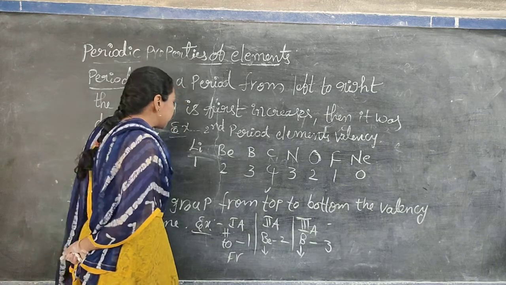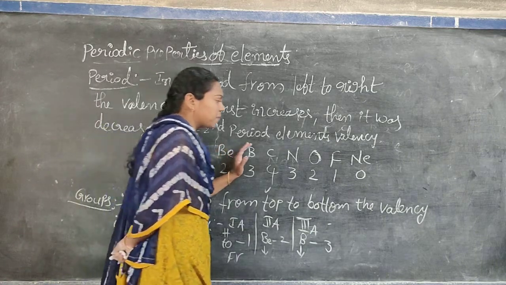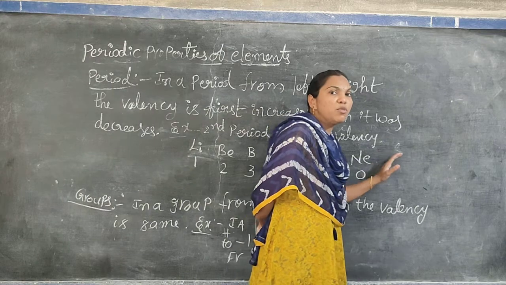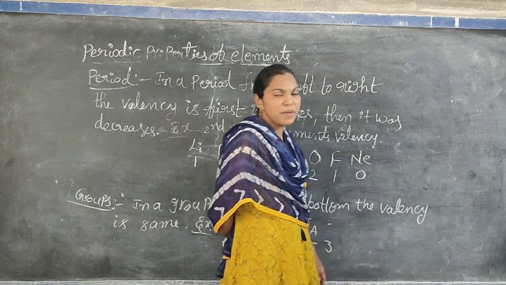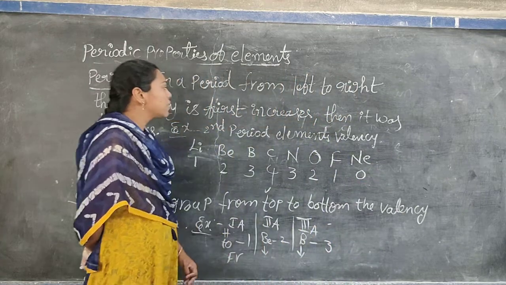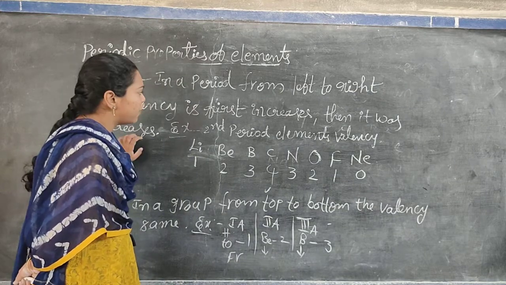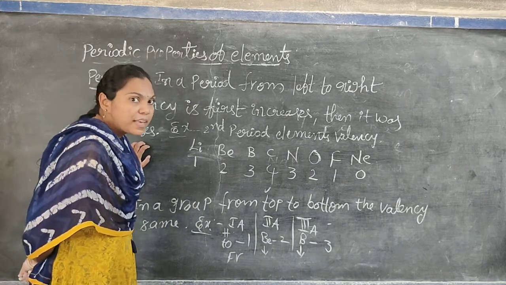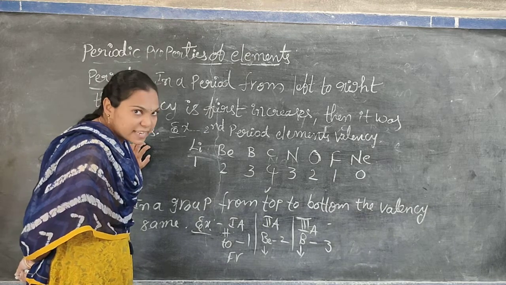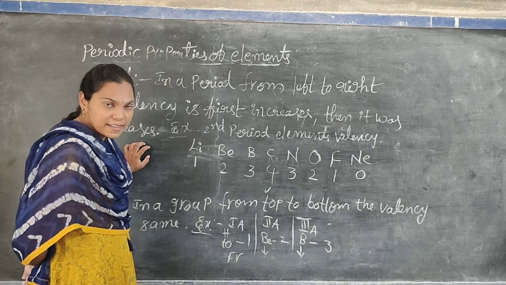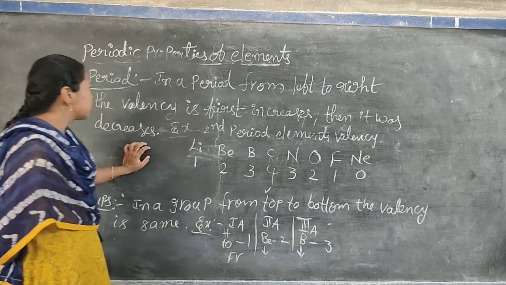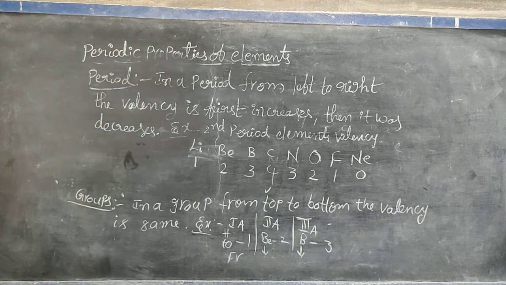First the elements on the left side increase, then slowly when we move to the right side, it decreases. This is the periodic property valency and how it changes in a group and period.